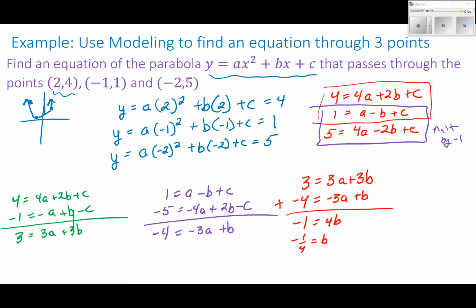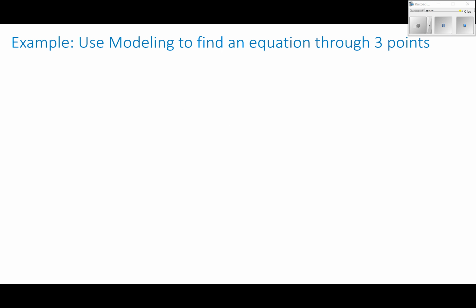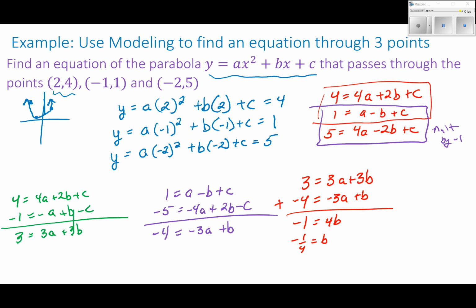All right, now that we know what b is, let's see if we can put that back into an equation to make things a little bit easier. Let's put this b back in over here. So we have 3 equals 3a plus 3 times -1/4.